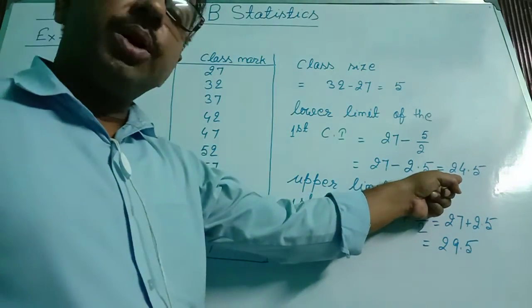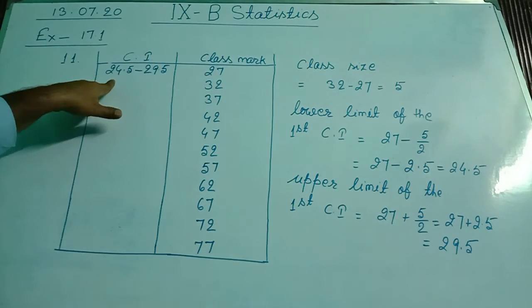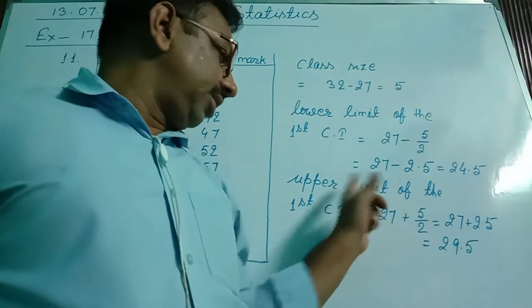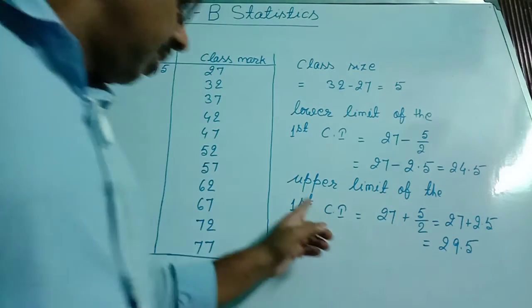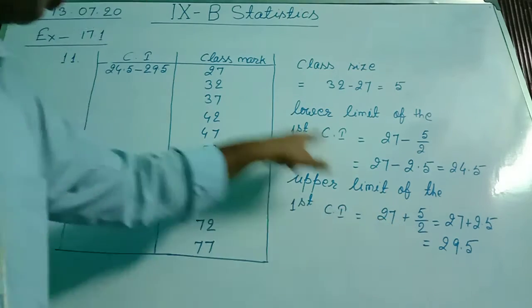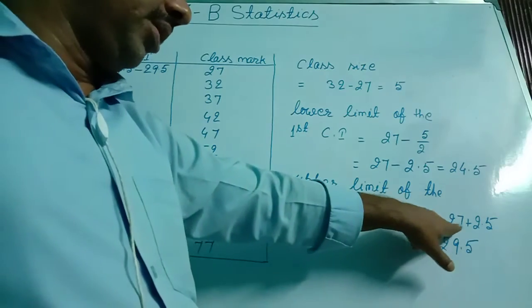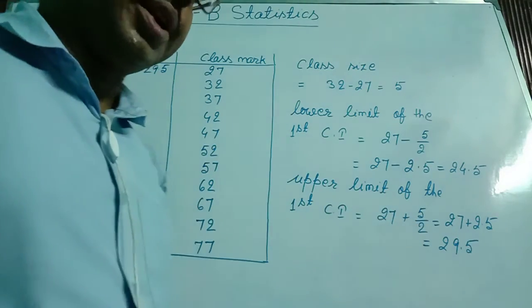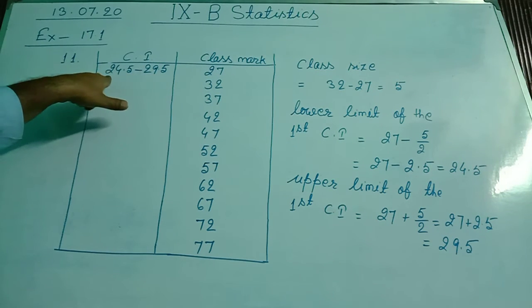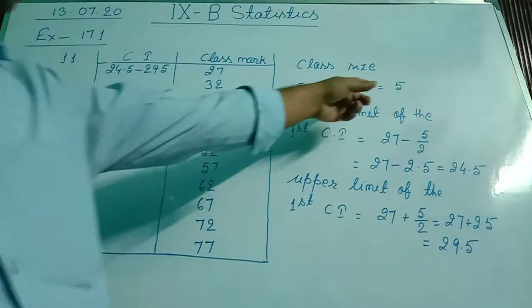So this 24.5 is the lower limit of the first class interval. Now second is to prepare the upper limit of the first class interval. Add 5 by 2 to the first class mark. 27 plus 2.5 will give you 29.5. This became the upper limit. In this way, the first class interval became 24.5 to 29.5.